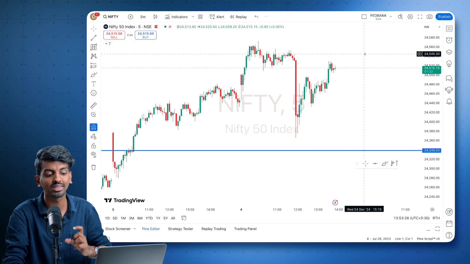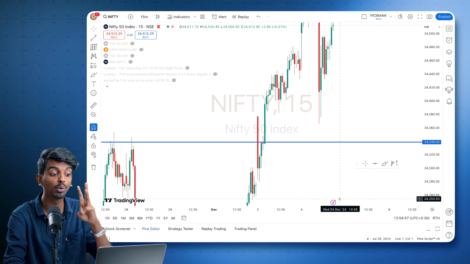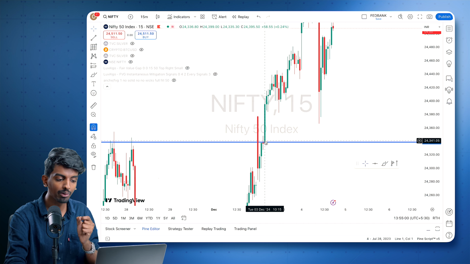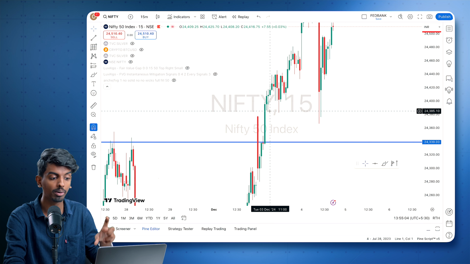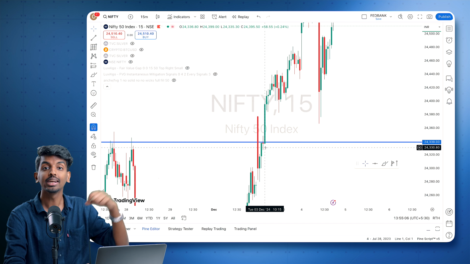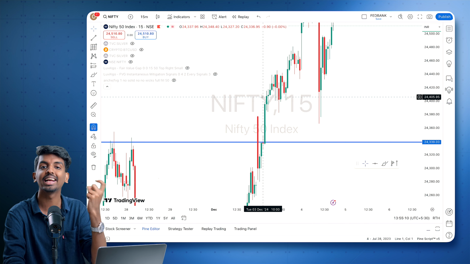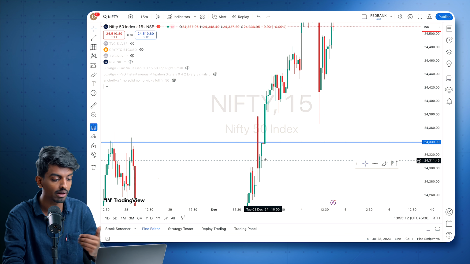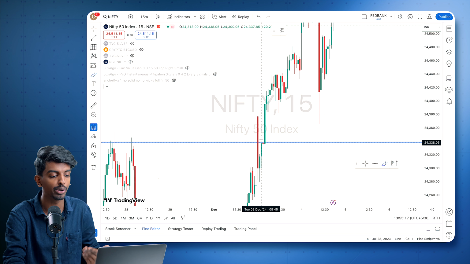Now, let's try to understand how do you identify them. So to identify a fair value gap, you have to look at a 3-candle setup. The first candle is a very small candle, the second candle or the middle candle is a large candle, creating a fair value gap there potentially, and the third candle again is a very small candle. So I'll give you what exactly makes a 3-candle setup a fair value gap situation.